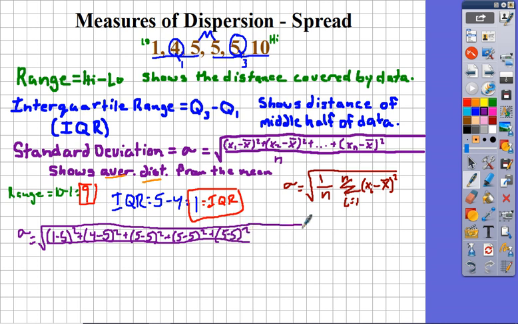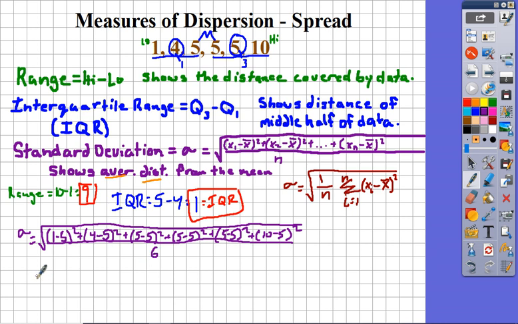One more, we've got to extend that out. One more, plus 10 minus the mean squared. Extend our fraction bar, and all this is going to be divided by 6. Yes, there are 6 data values in our set.